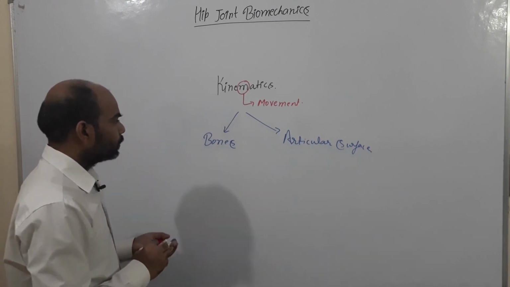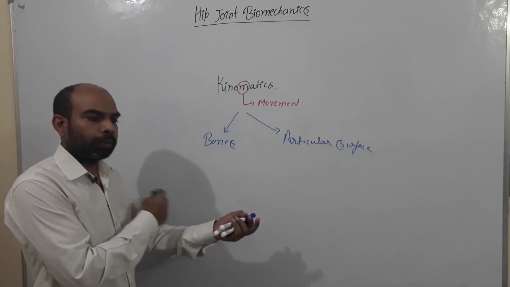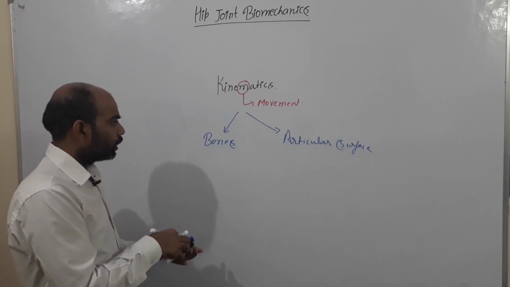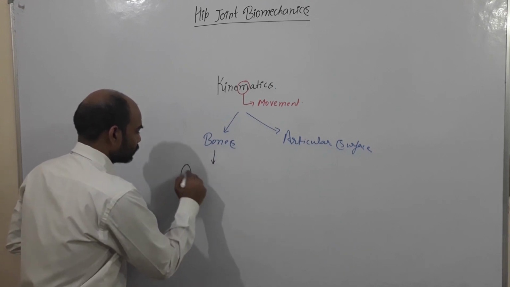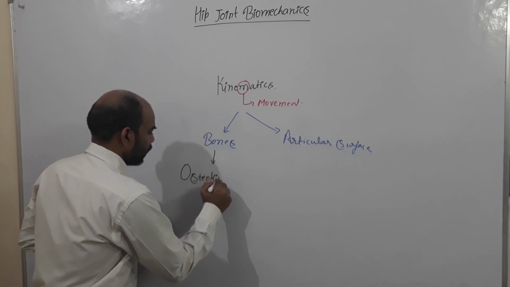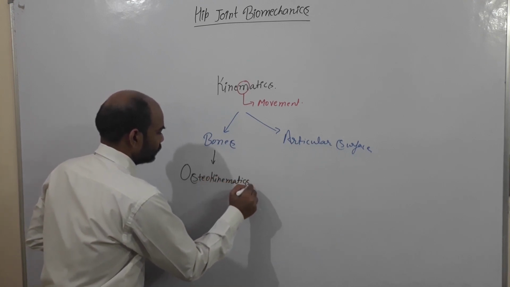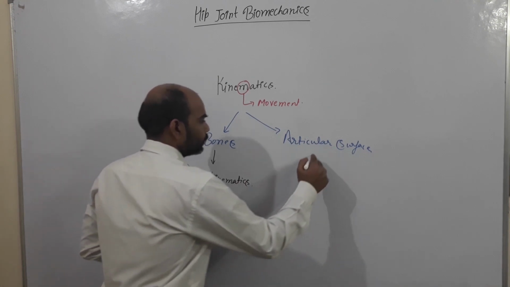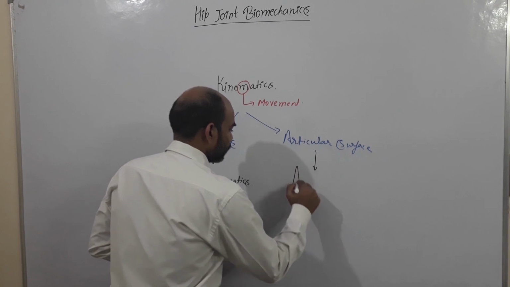The movement between the bones, meaning one bone with respect to other bones, is called osteokinematics, and movement between the articular surface is called arthrokinematics.